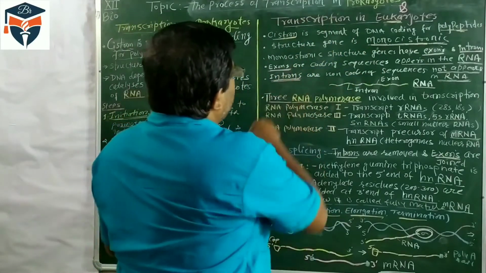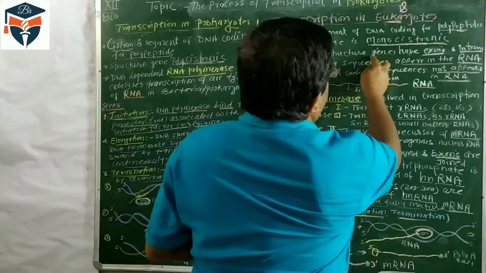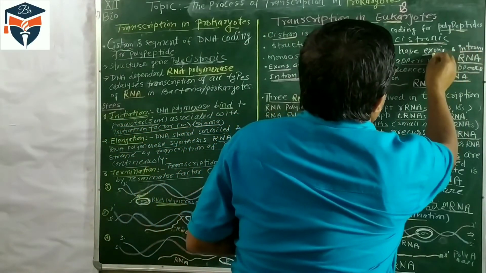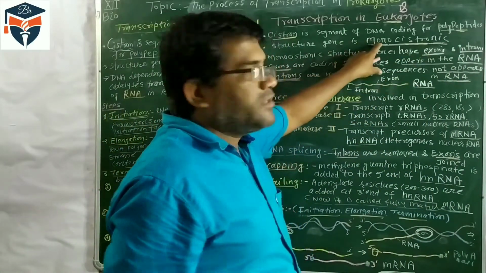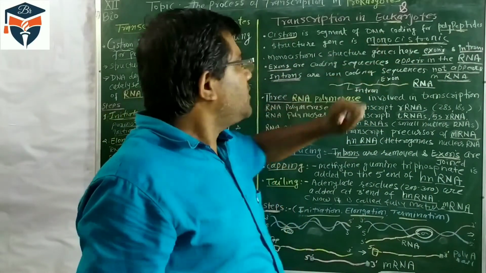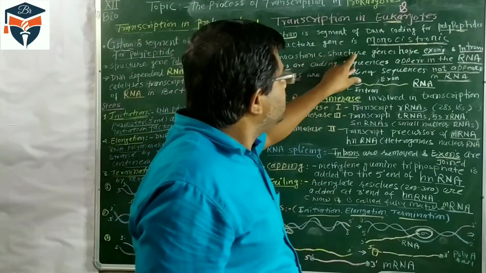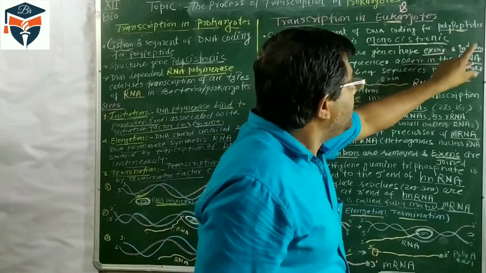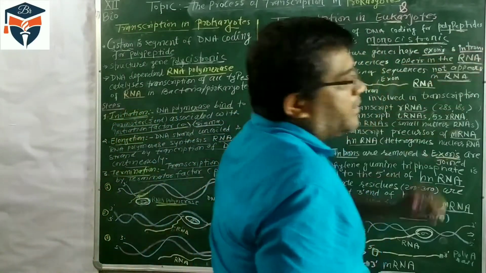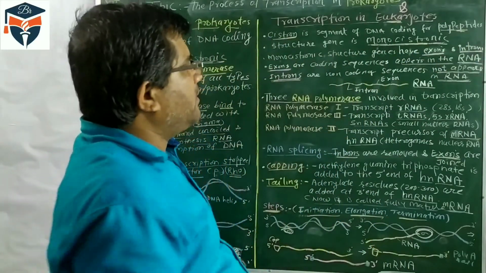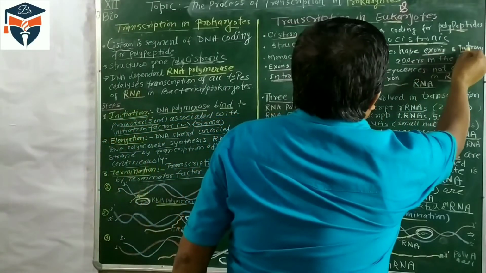Second, the monocistronic structure gene has exon and intron. Look here, what are these? A monocistronic single gene is involved in the transcription, and this monocistronic gene has exon and intron. There is an interruption of two segments. Two different types of segments are there, one exon and one intron.